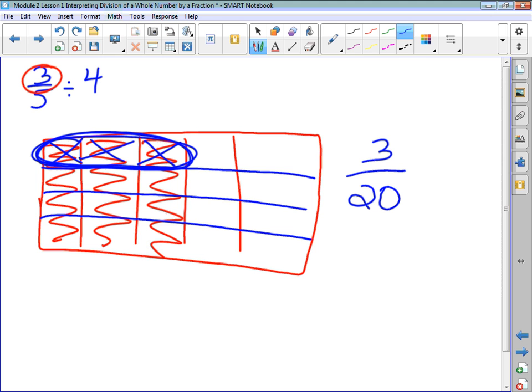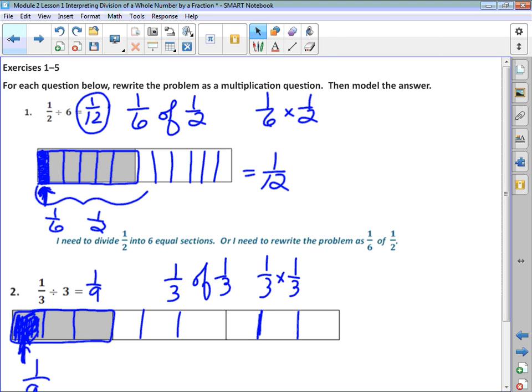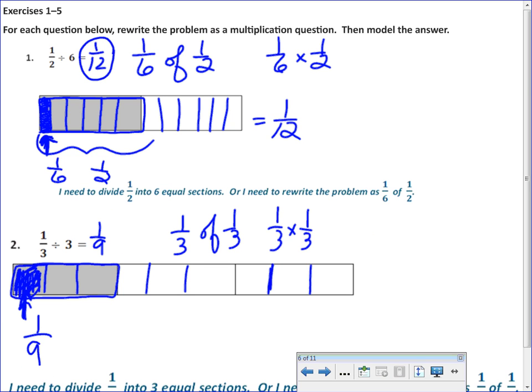So when you have a number other than 1 in your numerator, you're going to draw a model like this. Let's backtrack a minute and look. We had 1/2, so we were able to do 1 row and it would work.